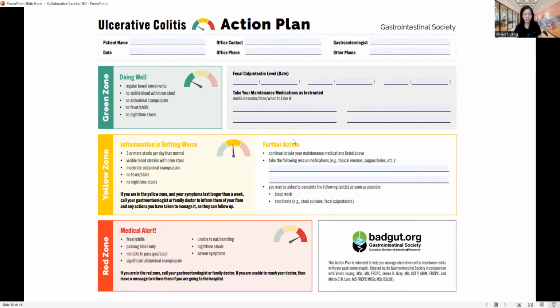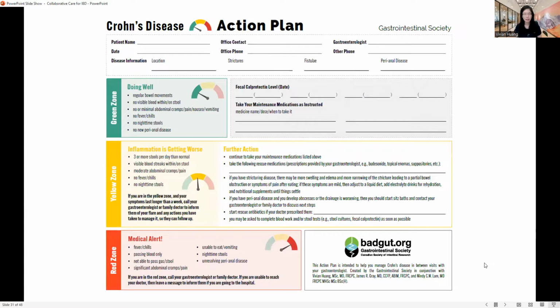It's very similar, a green, yellow, red light system, and more spaces for clinicians to now guide the patient and explain to them their fecal calprotectin, actually write out the rescue medications for them, and personalize it to the patient and the clinical team. We also developed one for Crohn's now because we realized that a lot of Crohn's patients can self-manage to some extent.